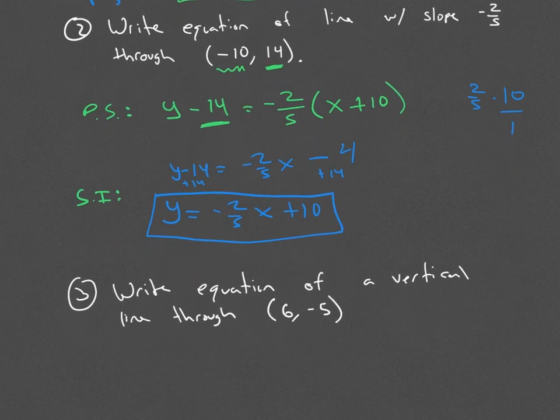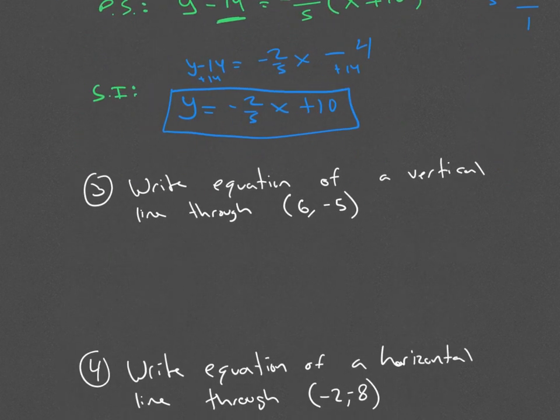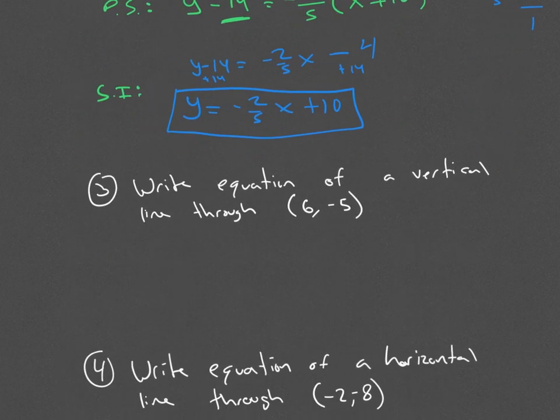Number 3, remember to pause or rewind if you need to see something again, or catch up on your writing. Number 3, write an equation of a vertical line through (6, negative 5). Anytime it's a vertical or horizontal line, I like to draw a little sketch for myself. (6, negative 5), and it's vertical, so it's going to look like that.